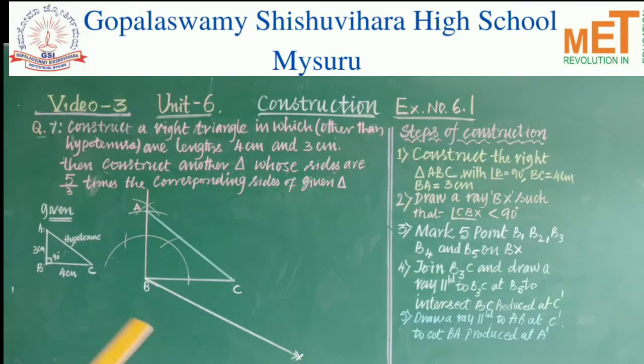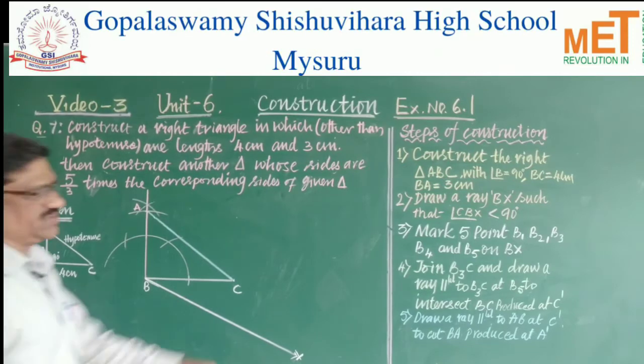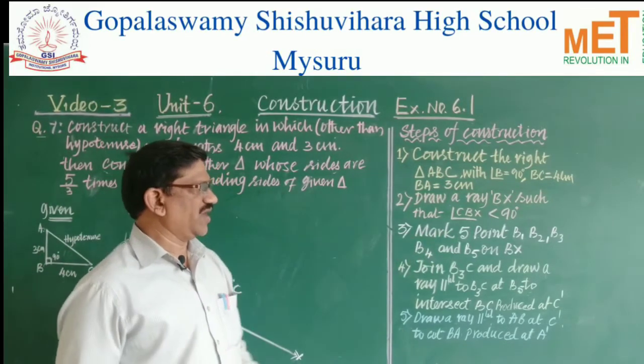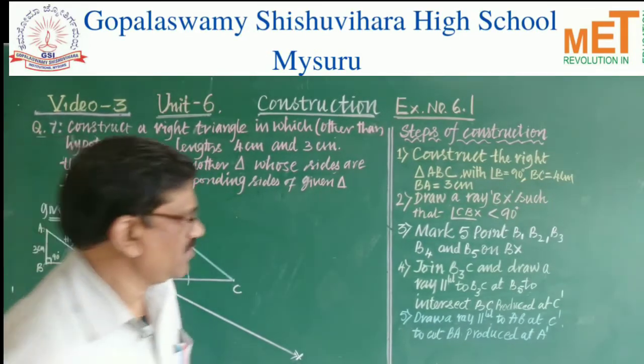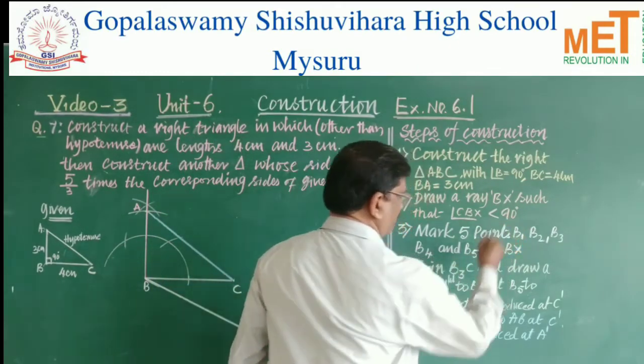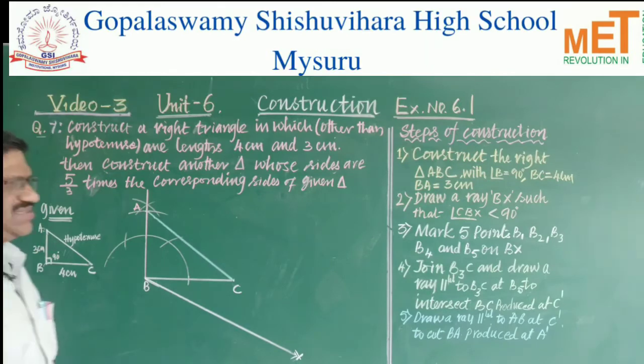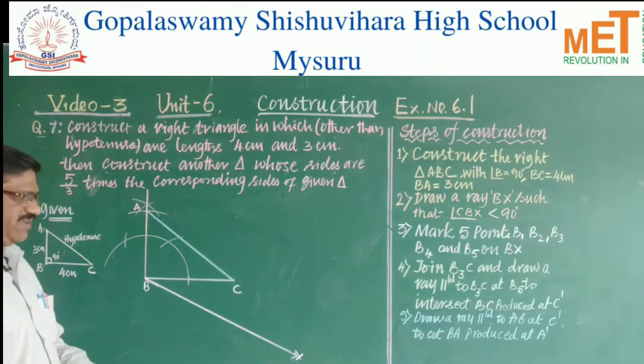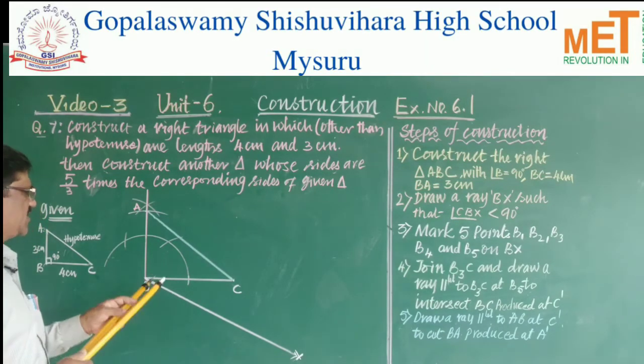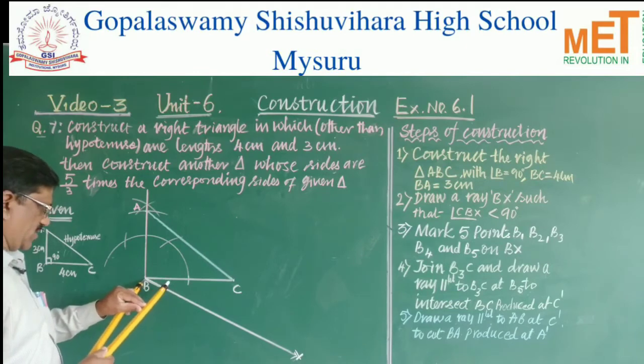Okay. Now how many points we have to mark? Mark 5 points. That is B1, B2, B3, B4 and B5 on BX with a convenient scale.